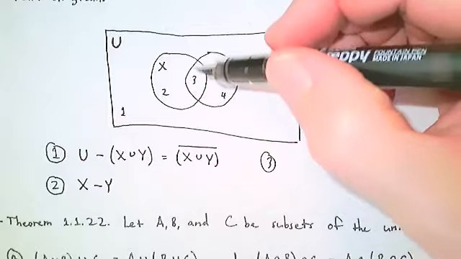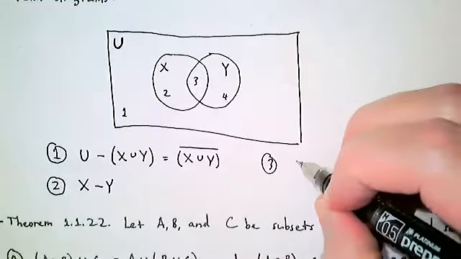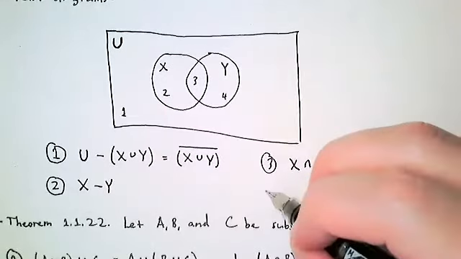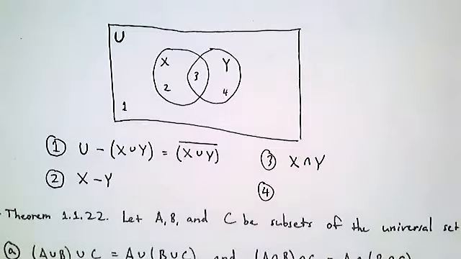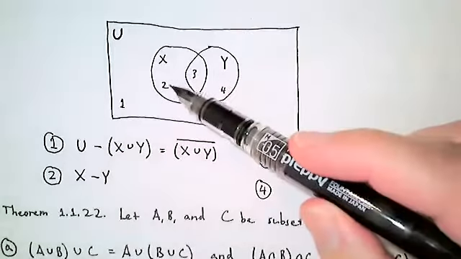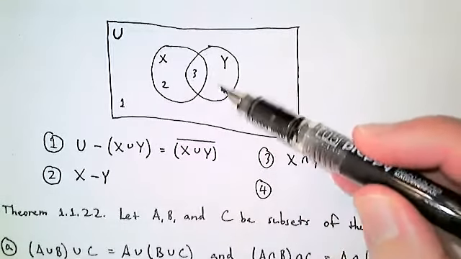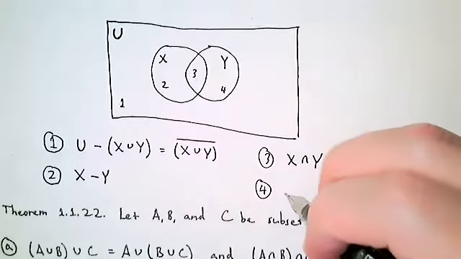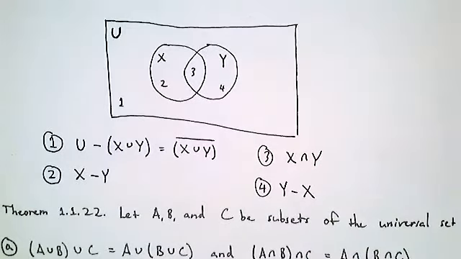This area is in both X and Y, and we called that the intersection. And then lastly, 4 is very similar to the second region. These are the parts of Y that don't overlap with X, so that's Y minus X.